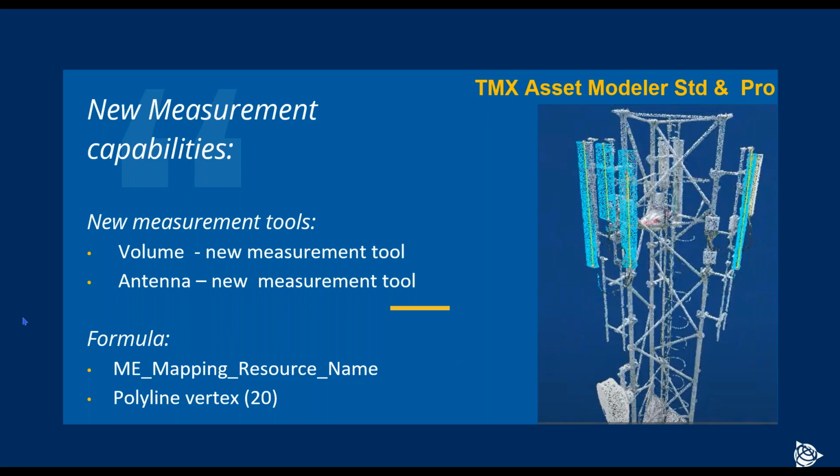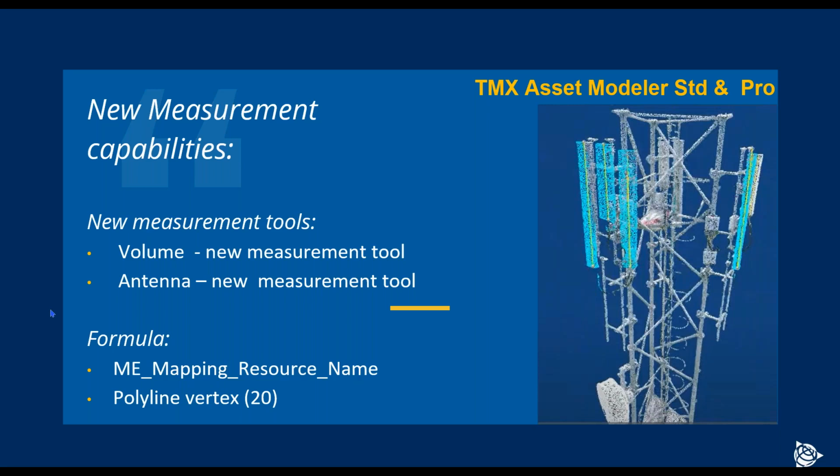And also a new measurement tool for antenna. For this specific type of antenna, you can see on my screen, this is a 5G antenna. For this specific kind of feature, we have a semi-automatic tool which allows extracting linear features. If you want to store them as multiple features, it's up to the user, or they can be saved as a single feature as well.